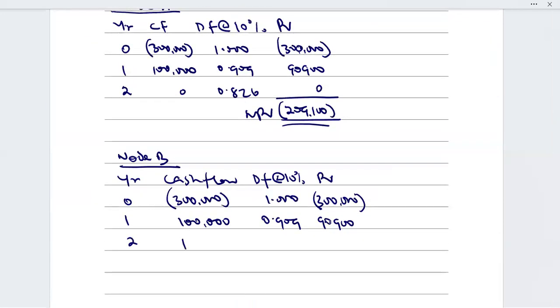So here is 100,000 multiplied by 0.826. That's 82,600. Final answer: 126,500.